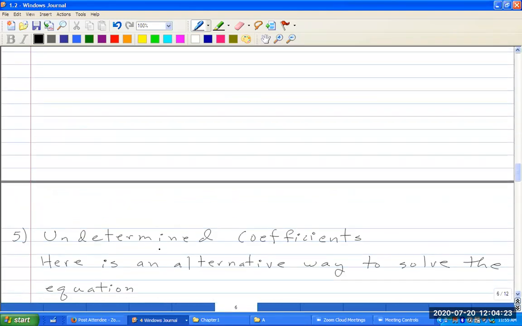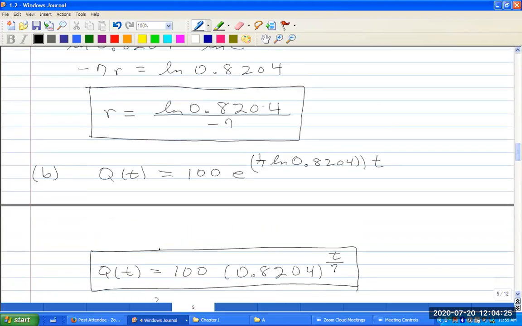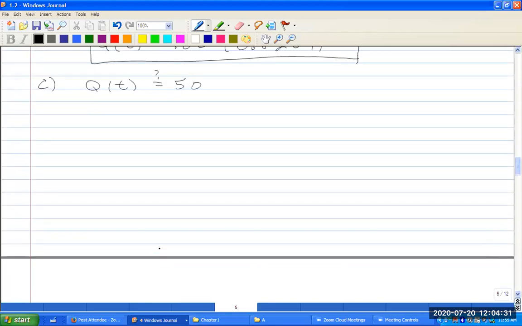Professor, can you explain that step on part B?